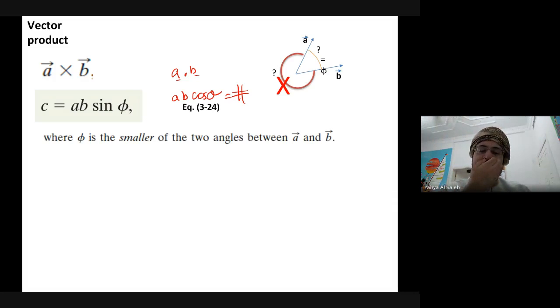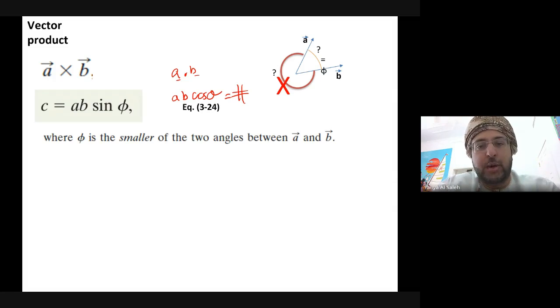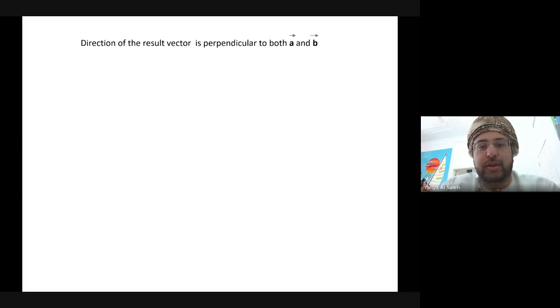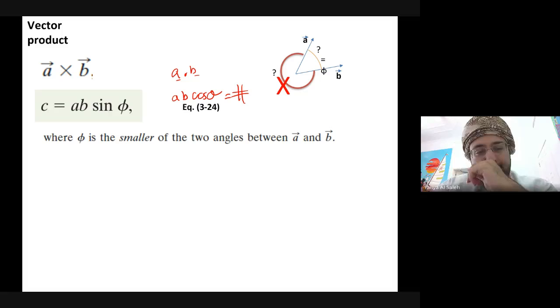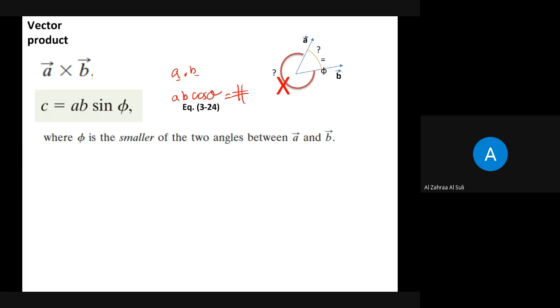A cross B is AB sine theta, and your result is actually a vector. And I'll show you how. It's done in a different way. Here we look at the angle between the two vectors.